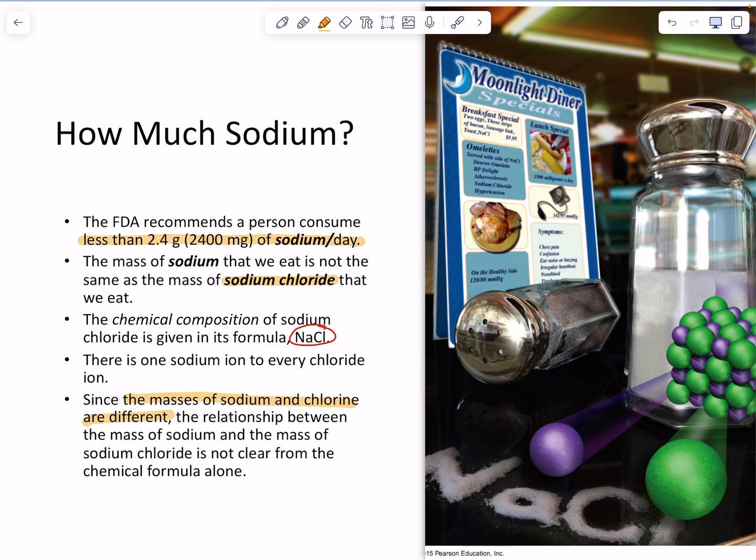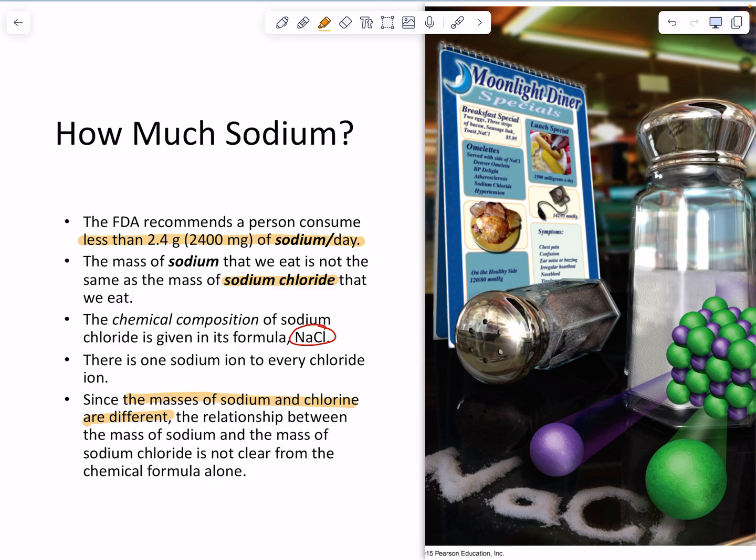So we've got one atom of sodium that has a molar mass of around 22, and chlorine is about 35. So chlorine's a bigger atom. More of the mass comes from the chlorine than the sodium. So just think of it in conceptual terms, not doing any math.